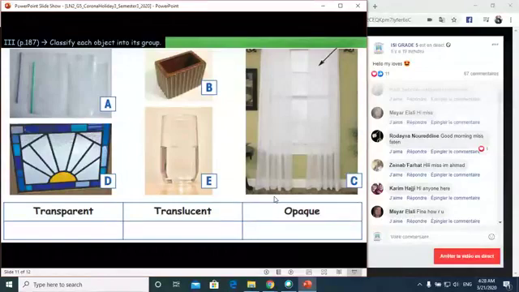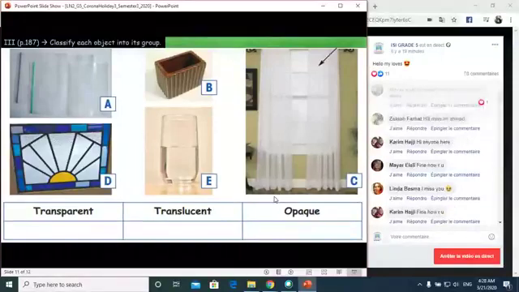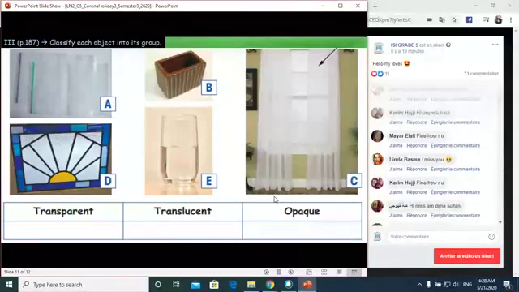Bravo, Linda. Transparent bags are transparent objects. Bravo Danny. So plastic bags are transparent objects. Transparent. B. This box.